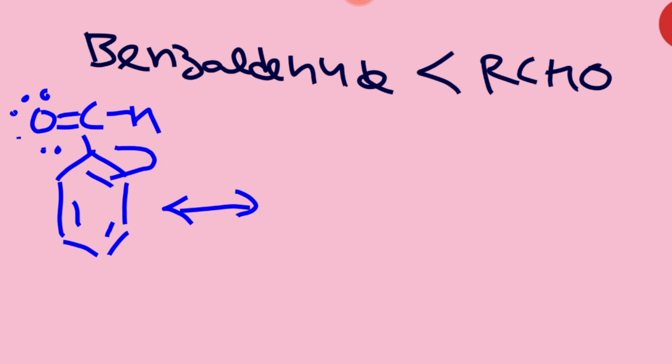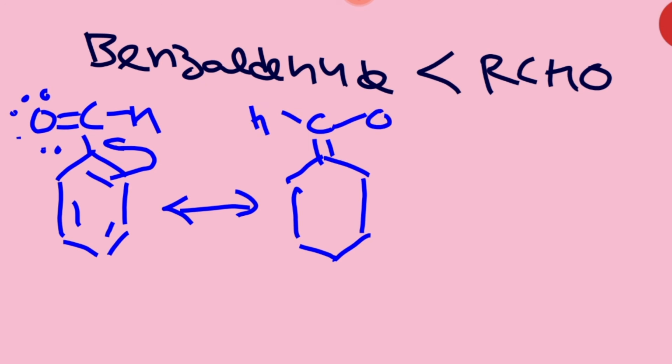Now this pair will go there, then what is going to happen over there? There will be a double bond, then H, then O negative, like this way. Then there will be a positive charge. Is that clear?